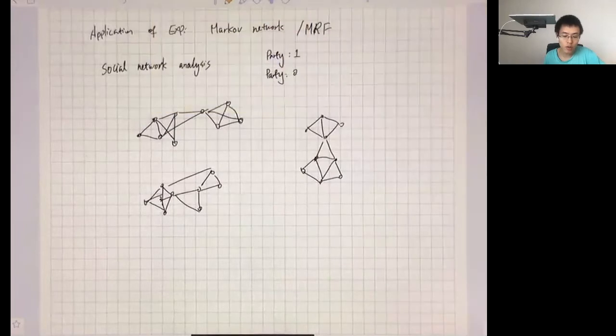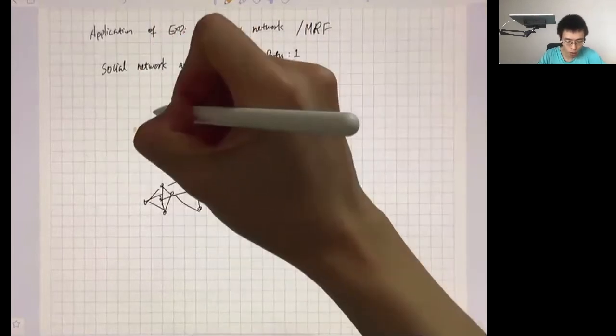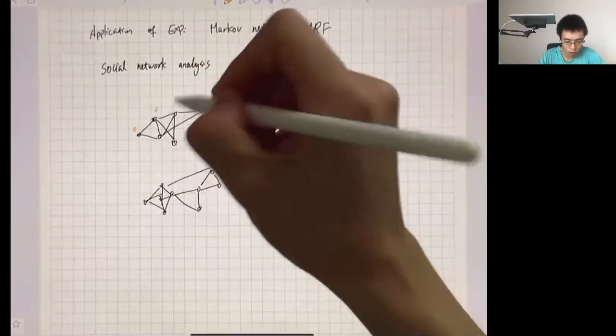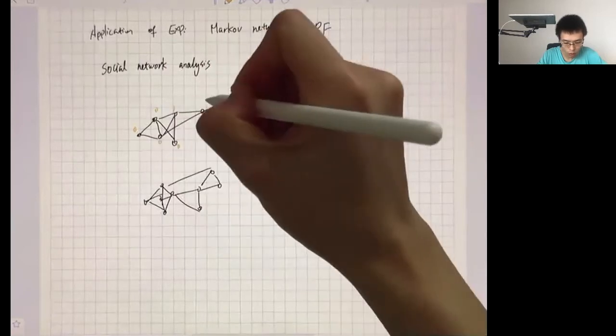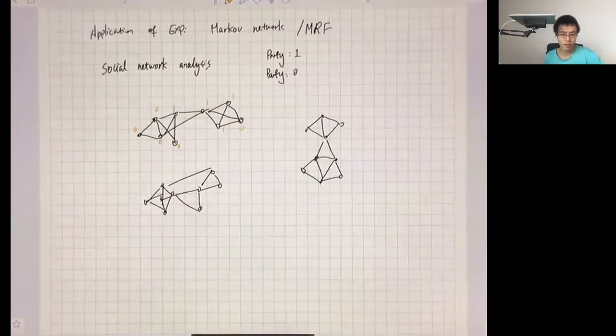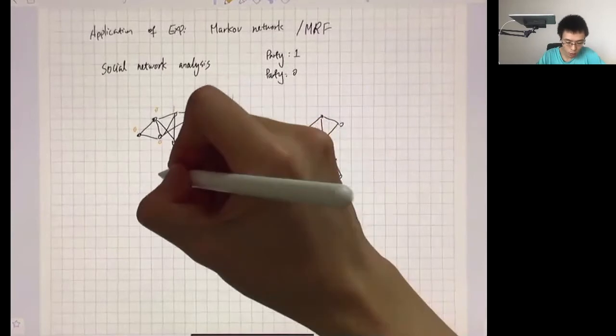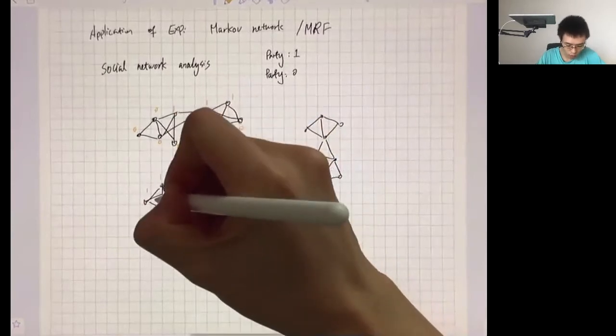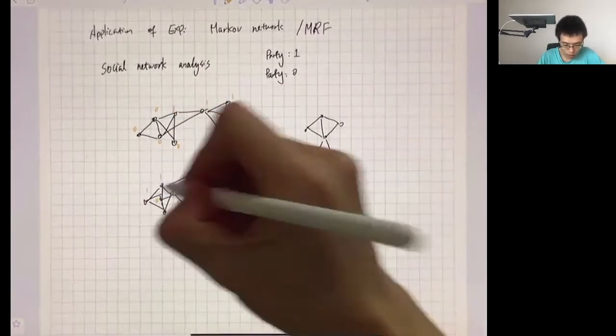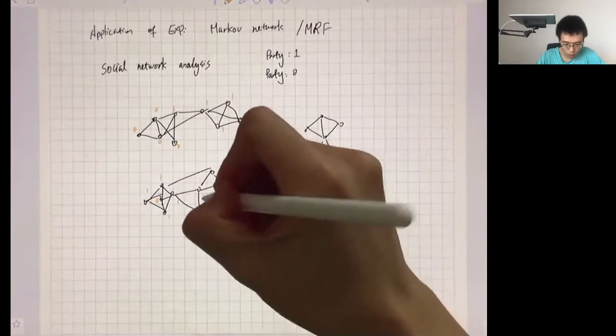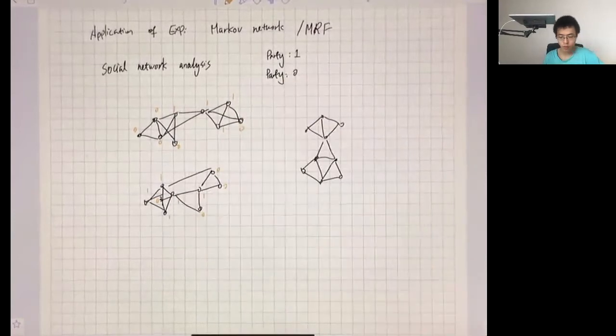Then we have a node for the label. For example, this is 0, 0, 0, 1, 0, 1, 1, 1, 0. And this is maybe 1, 1, 1, 1, 0, or maybe 0, 1, 0, 0.